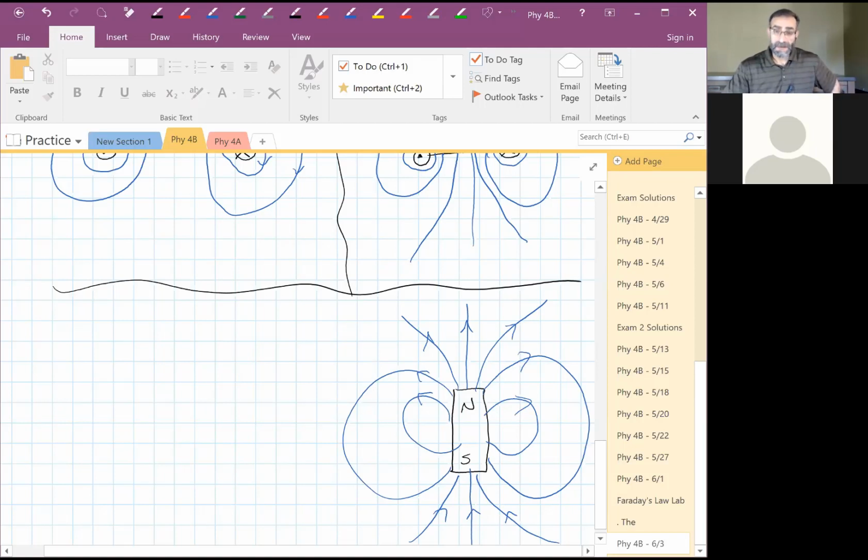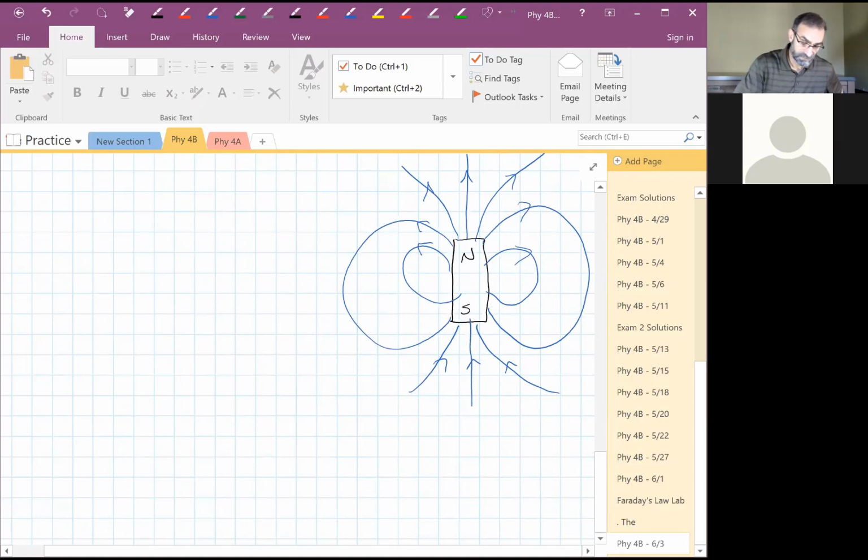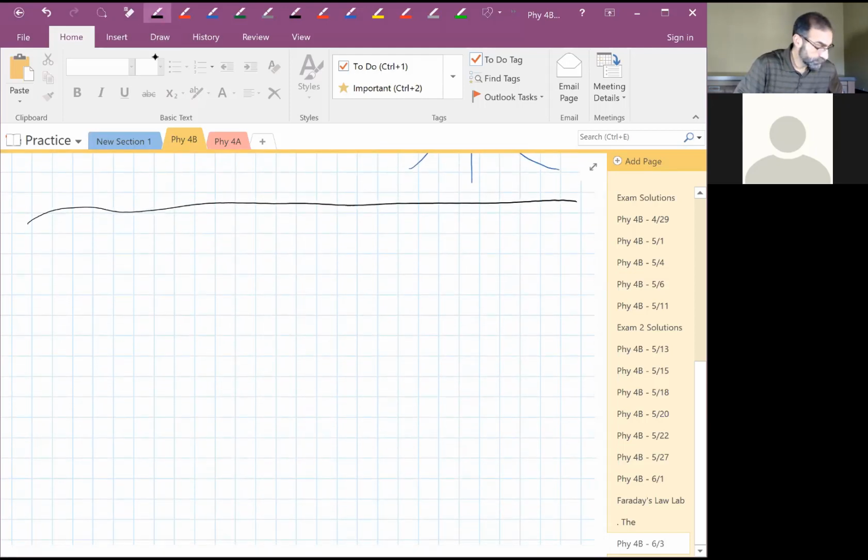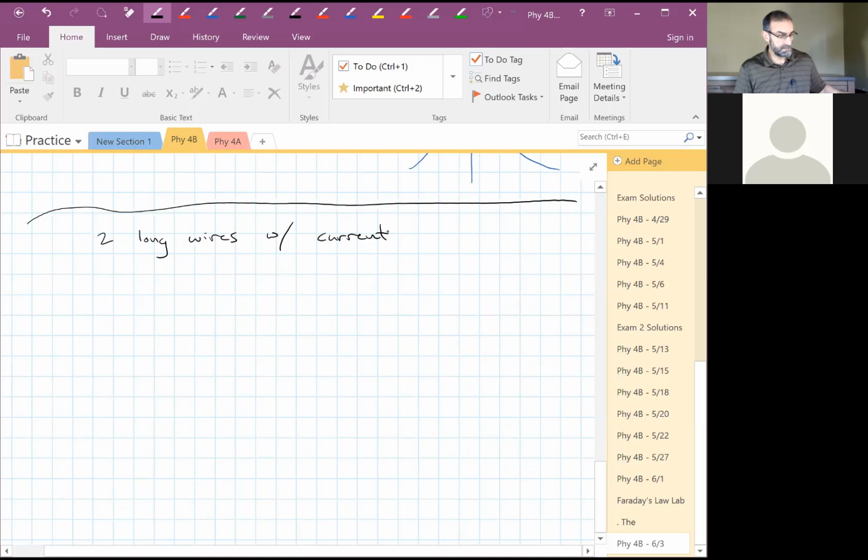Let's see how current carrying wires interact with each other. We've got wire 1 over here carrying current.